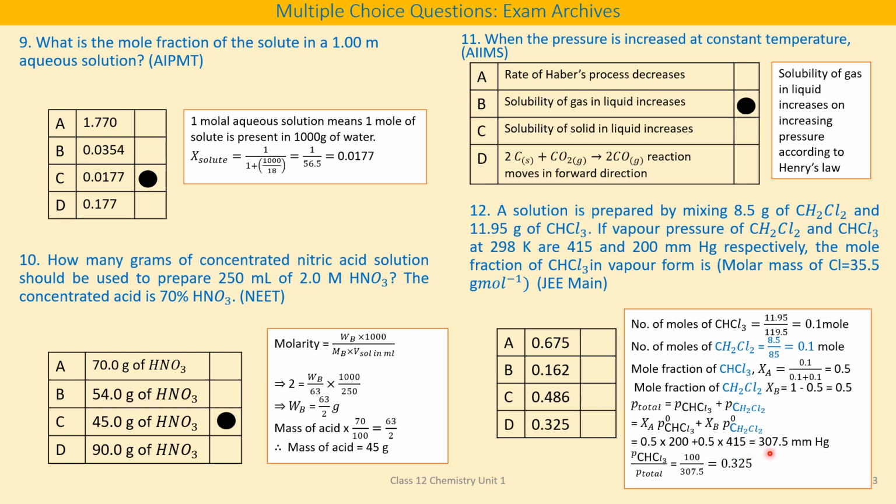That is equal to 307.5 millimeters of mercury. Therefore, the ratio P of CHCl3 divided by P total, that is 100 divided by 307.5, simplifying, we get the answer as 0.325. This answer is appearing as option D. Please mark it.